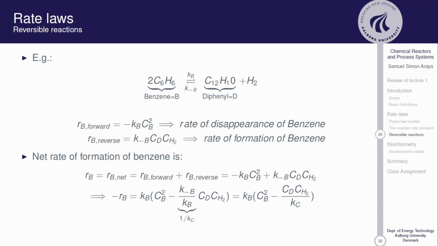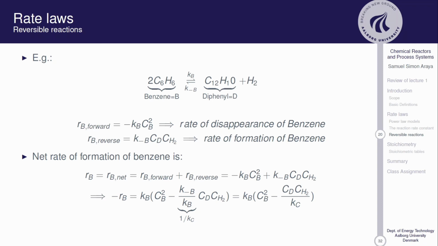And this is 1 over Kc, 1 over the equilibrium constant. Therefore we can express the net rate of disappearance of benzene as the rate constant of B times the concentration of B squared minus the concentration of D and H2 divided by the equilibrium constant.